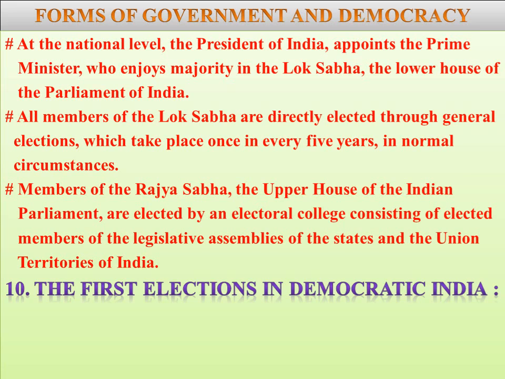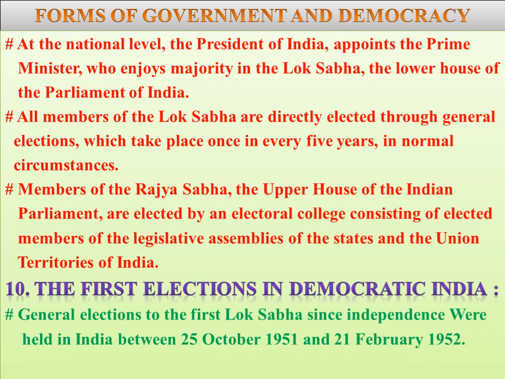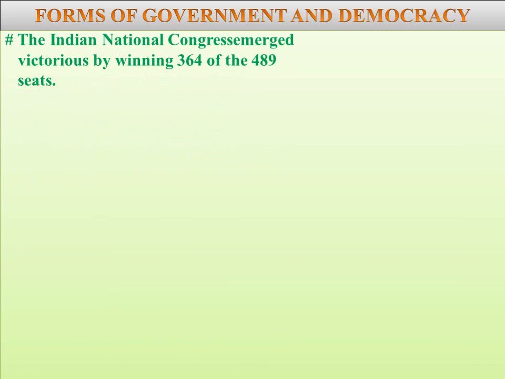General elections to the first Lok Sabha since independence were held in India between 25th October 1951 and 21 February 1952. The Indian National Congress emerged victorious by winning 364 of the 489 seats.